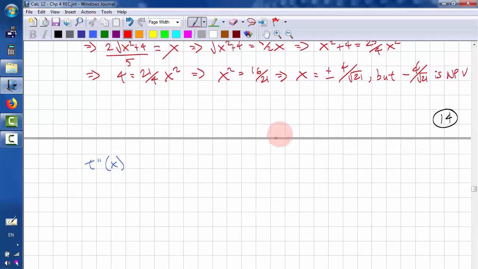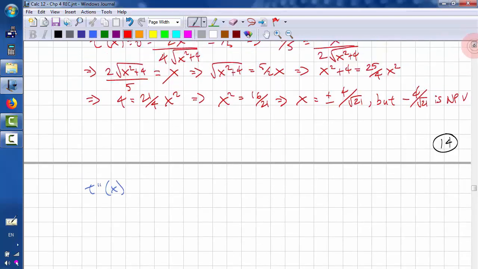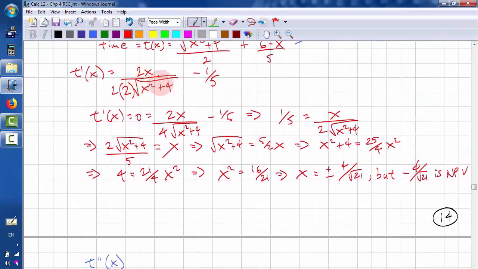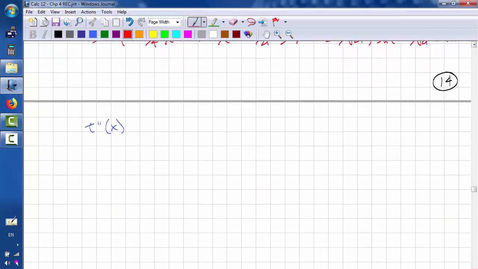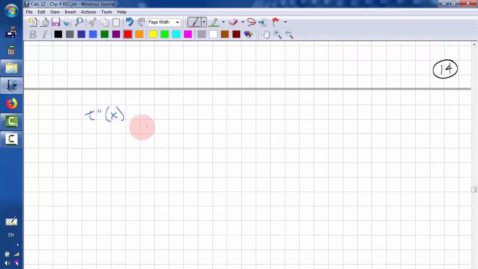Okay, I said to avoid the second derivative if our first derivative has a quotient in it, which it does. It's this, and it's not a nice quotient. I will show you the calculations, but you should just do a first derivative test.